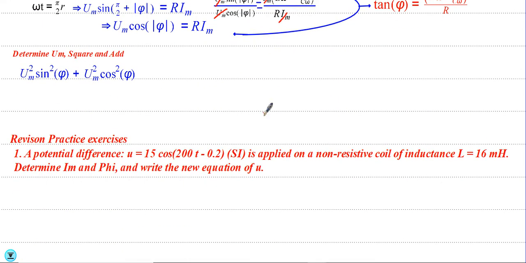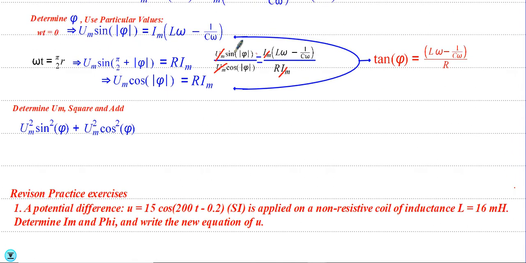Now let's go for finding the u of m. So we square and add the equations. u m squared sine squared of phi plus u m squared cosine squared phi is equal to I m squared times L omega minus 1 over c omega all squared plus R squared I m squared.